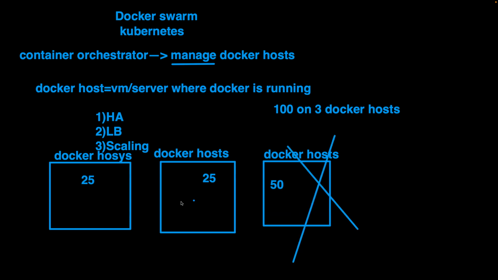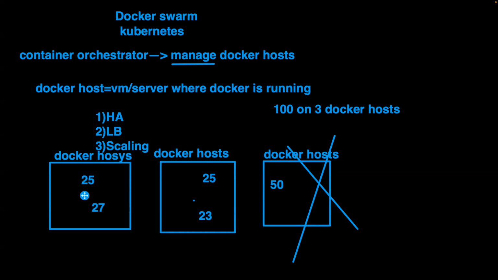These 50 will be started on some other available Docker hosts, like here 23, whatever be the number, making it 100, right? So this is what is meant by managing high availability. Whatever may happen to the underlying Docker host, you will still have the high availability, meaning 100 containers, so that the application is not down and is highly available.